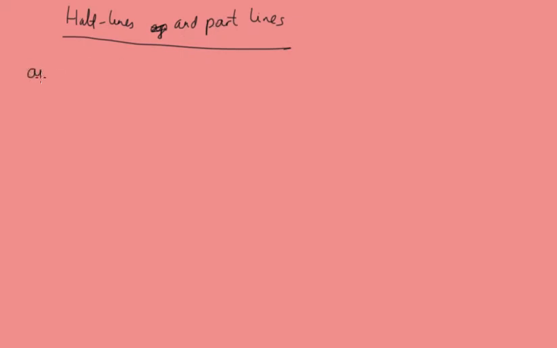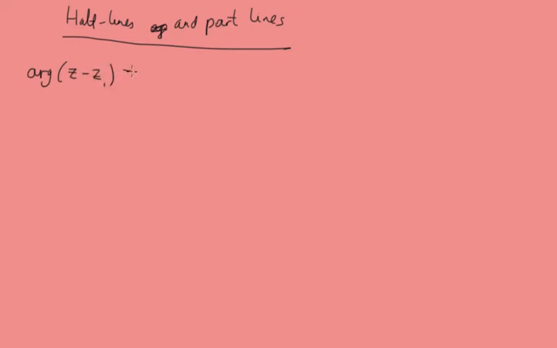Okay. Now we're going to think of half lines and part lines. So this is when we're going to have to consider the argument of z minus z1.